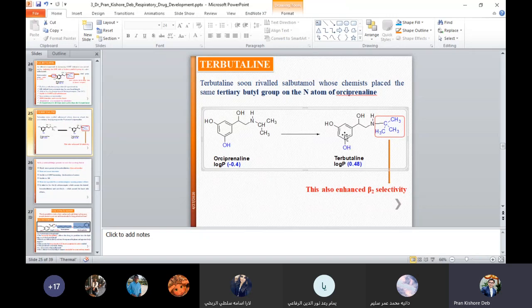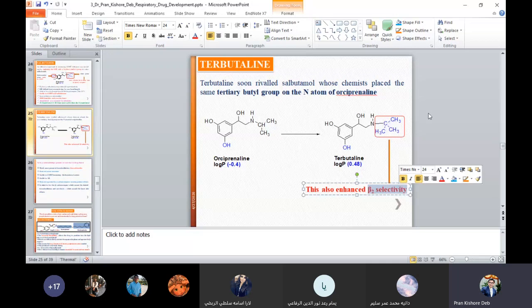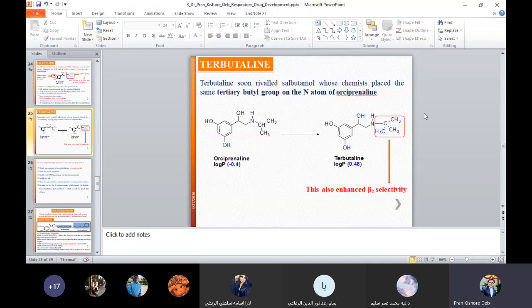What is the advantage of terbutaline as compared to orciprenaline? It has no cardiovascular side effect. Because it is selective to beta 2, because of the presence of the tertiary butyl group, it will not have cardiovascular side effect like orciprenaline.